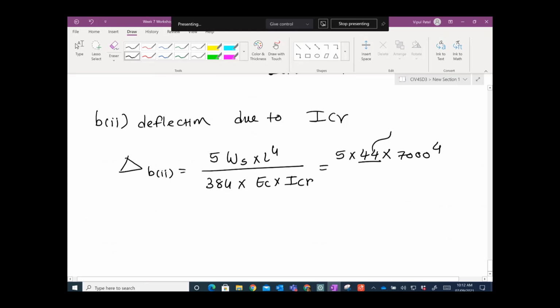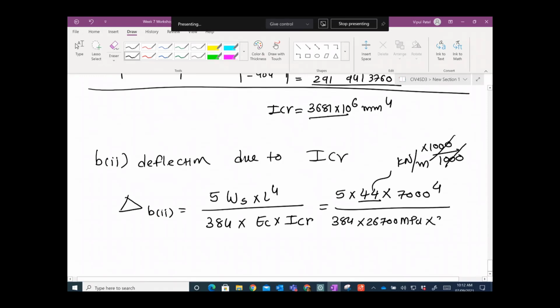Someone might say you use kilonewton per meter, but because you have these times 1000 to convert into newton, and divide by 1000 to convert into millimeters, it cancels out, so you have 44 newton per millimeter. 384 times 26,700 megapascals, newton per millimeter squared, times I crack, we just got 3681 times 10 raised to 6 millimeter to the power 4.